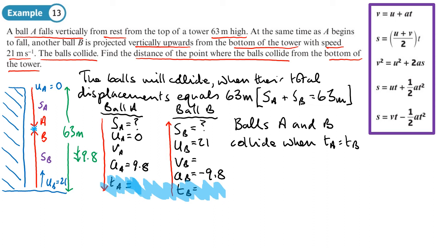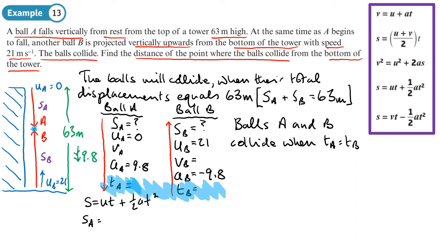So let's get our two equations, starting with ball A. So we want an equation that has S, U, A, and T. So that's S equals UT plus half AT squared. So let's write it down here. So S equals UT plus half AT squared. So S is just SA.